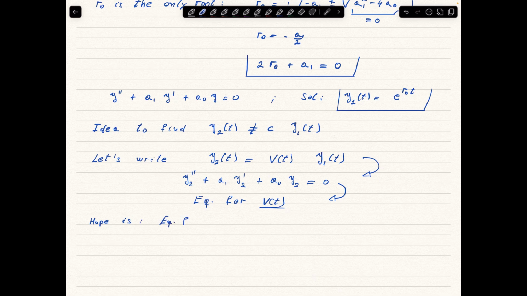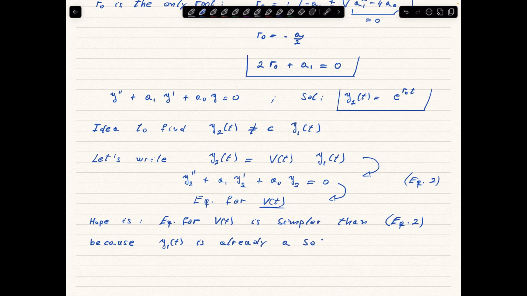This is just a hope. There is no guarantee that it is going to happen, because y1(t) is already a solution of equation 2. So that's the main idea.